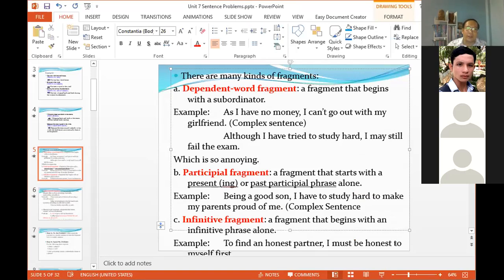The first way is to add one more sentence. Can you add one more sentence here? Which is so annoying. For example, I feel annoyed. Some students never answer my question.